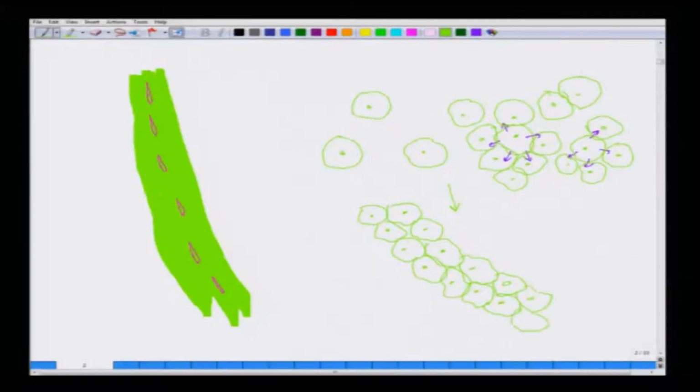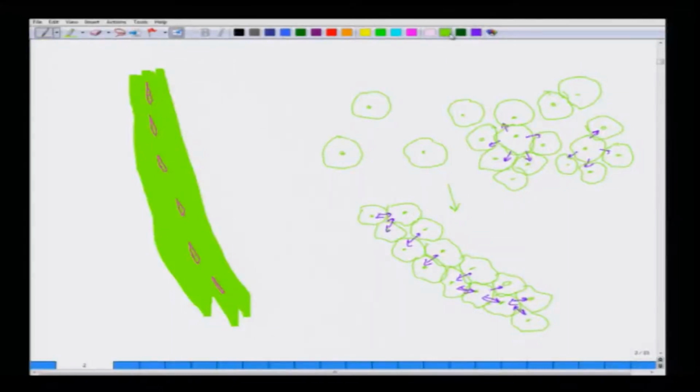Once they align themselves, the next thing that happens is that these contact boundaries, which I am drawing now, are merged. So, there is no individual boundary left between these muscle cells, and this is exclusively I am talking about the skeletal muscle.